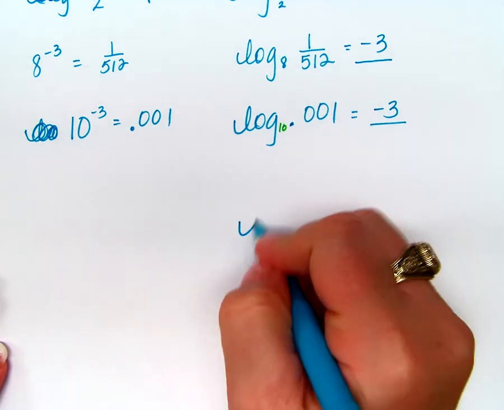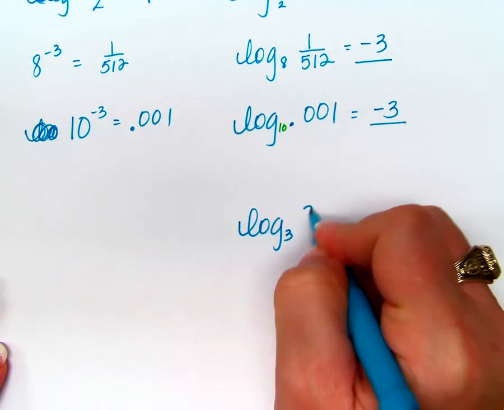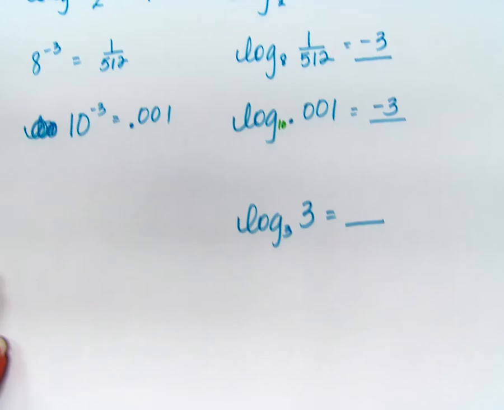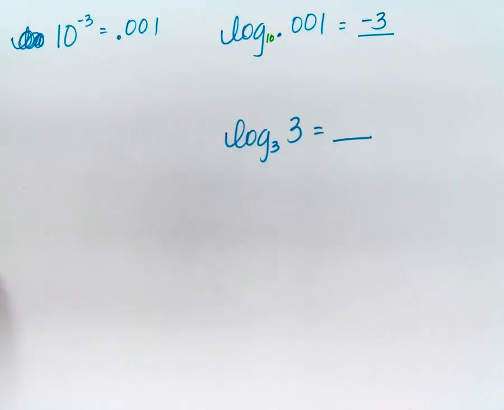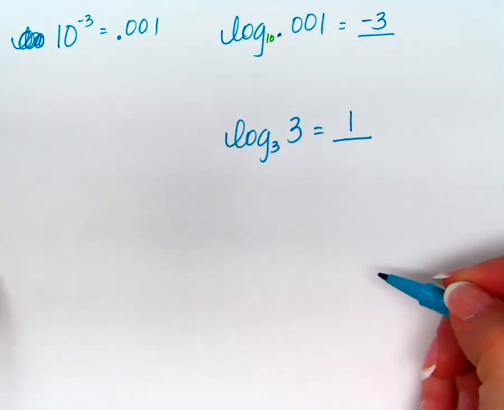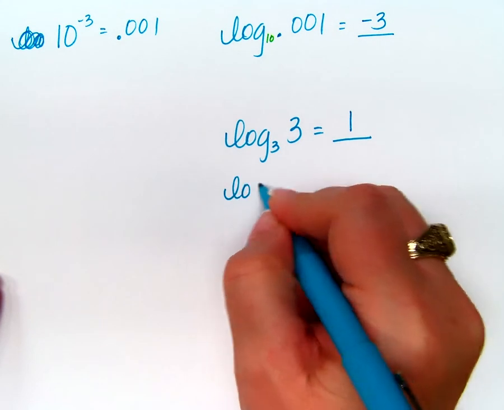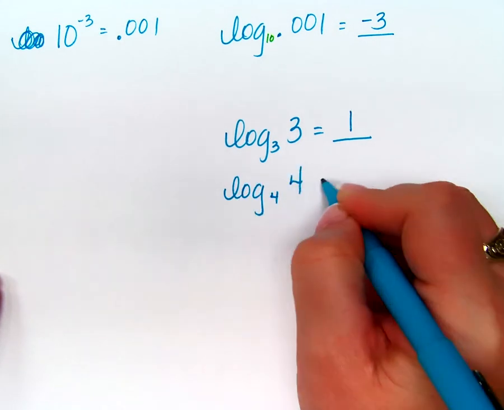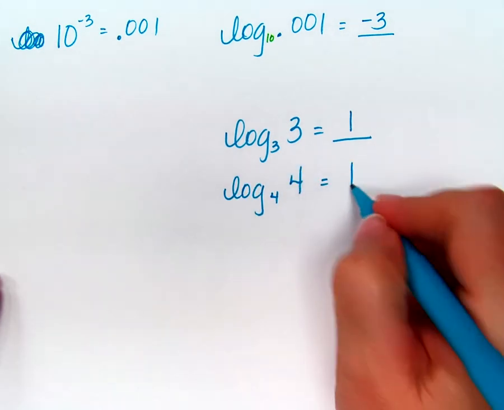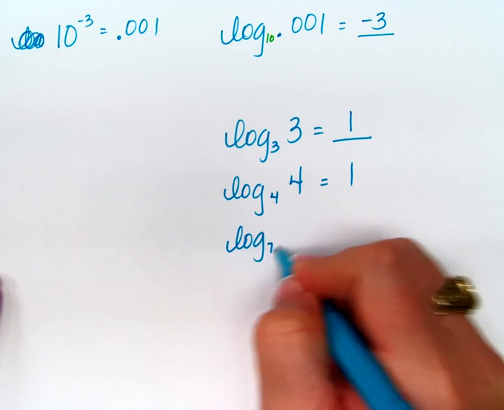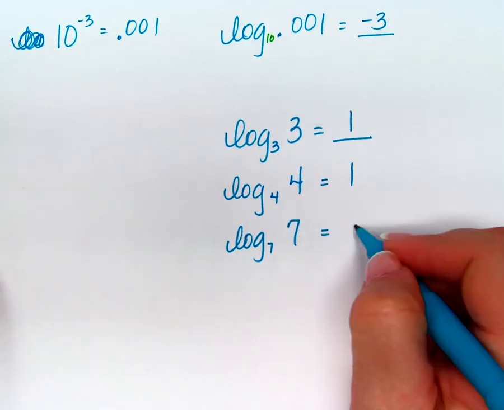It was this, log base 3 of 3. And we were trying to evaluate that. And we said that the answer was 1. Well, guess what log base 4 of 4 is? 1. Guess what log base 7 of 7 is? Why?